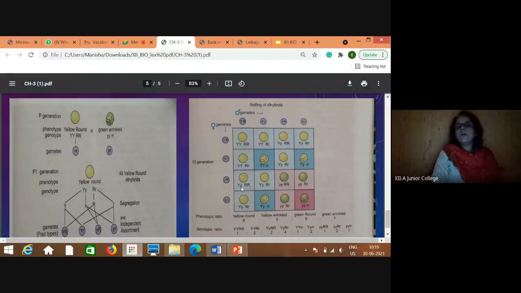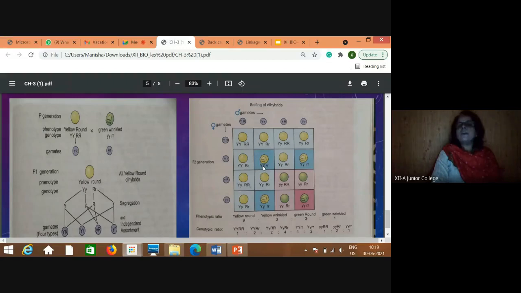Color as yellow and shape as round. Now the second category, you can see with the help of genotypes. Y is both capital, but here R is in recessive form in both. When both are in recessive form, what should be the phenotype? Wrinkled, obviously, as per the original parent. And yellow color is Y, both capital.